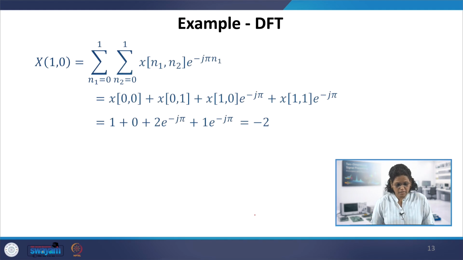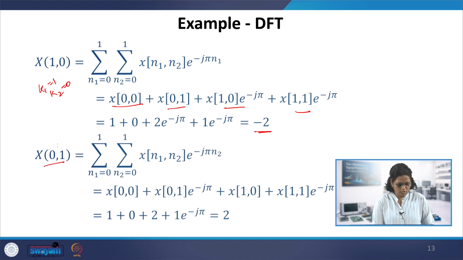And in the case of the second one, 1 0, k1 is 1 and k2 is 0. So we substitute here, the k2 term becomes 1 and this is in terms of e power minus j pi n1. So now vary this n1 and n2, 0 0, 0 1, 1 0, 1 1, and with minus j pi also, we get the value, this value is minus 2. Okay.